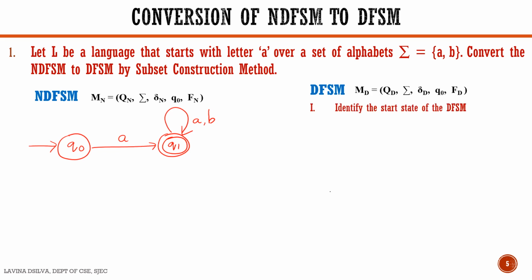Now, the first step in the construction of the DFSM is to identify the start state of the DFSM. We know that the start state of the NDFSM is denoted as Q0. So the start state of the NDFSM is equal to the start state of the DFSM.